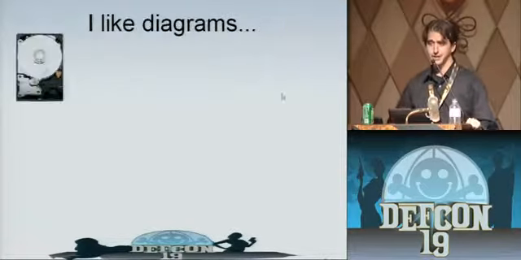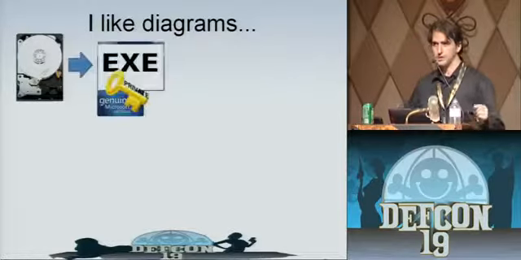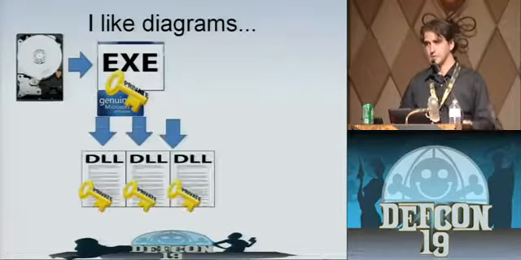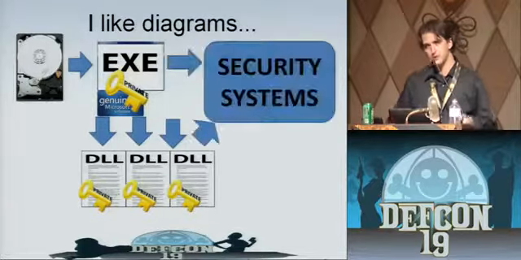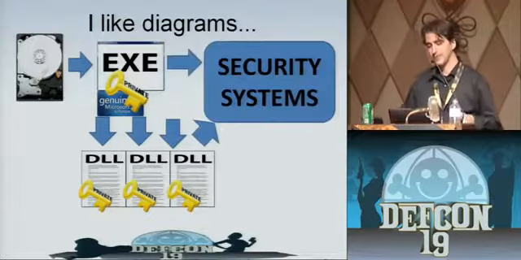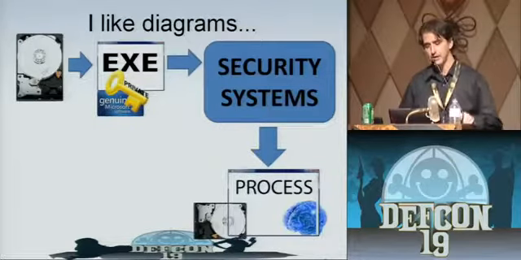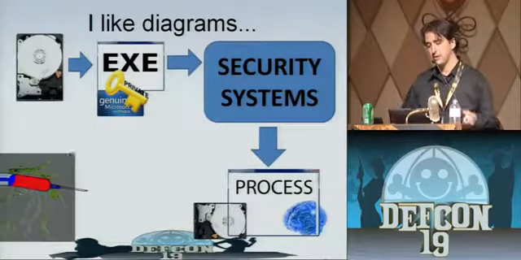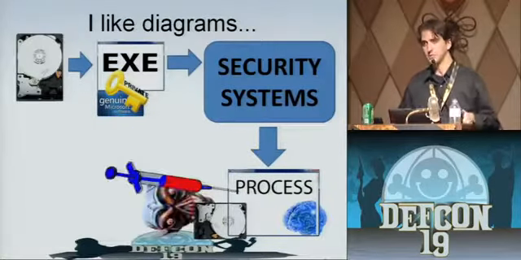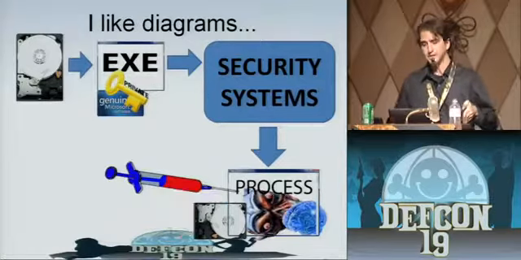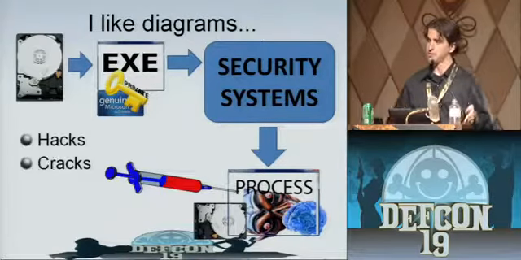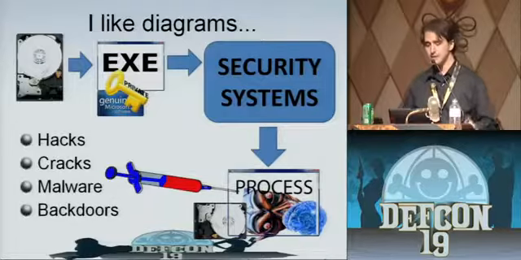So I really like diagrams and pretty things. I think it makes things easier. When you are on disk and you run an executable, it spins up a bunch of valid DLLs. They all go through the security systems of Microsoft and .NET. This all becomes a process. All the security systems have already completed, you inject in, and it drops in your attack. This is where you get your hacks, cracks, malware, and backdoors.